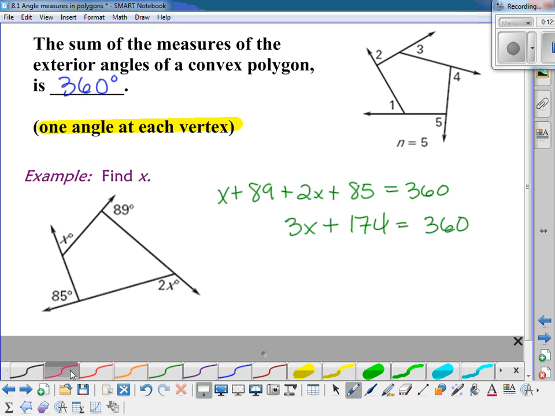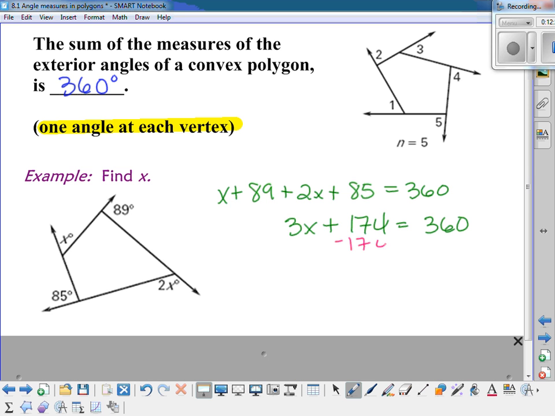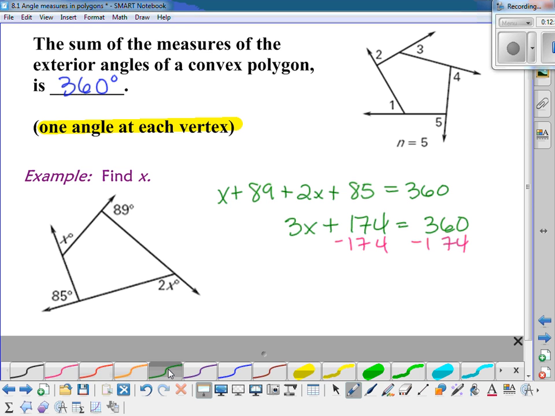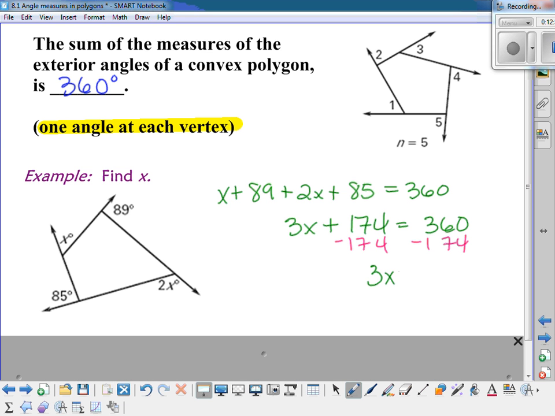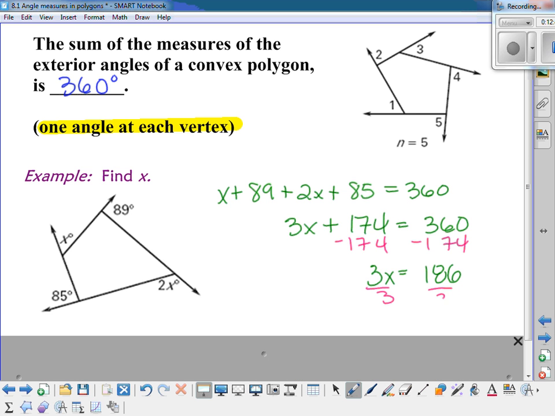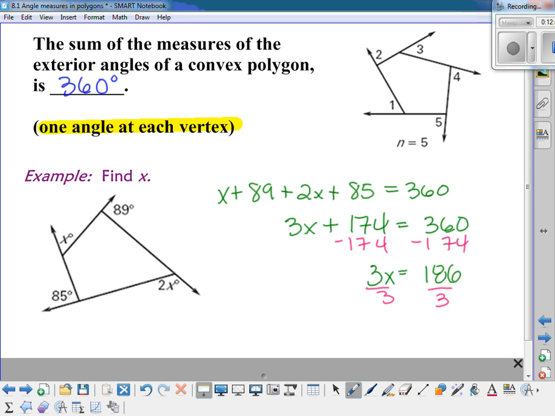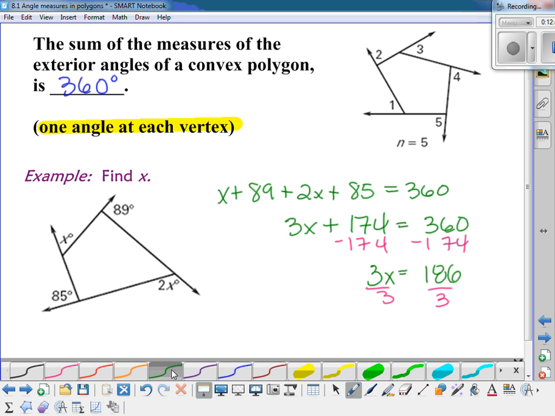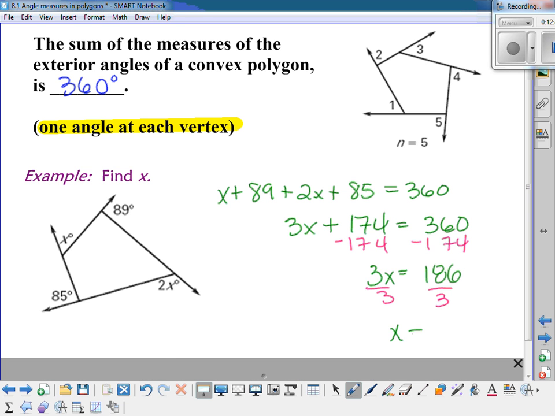I subtract 174 from both sides, and then I'm left with 3x is equal to 186. Divide both sides by 3. And we get that x is equal to 62.